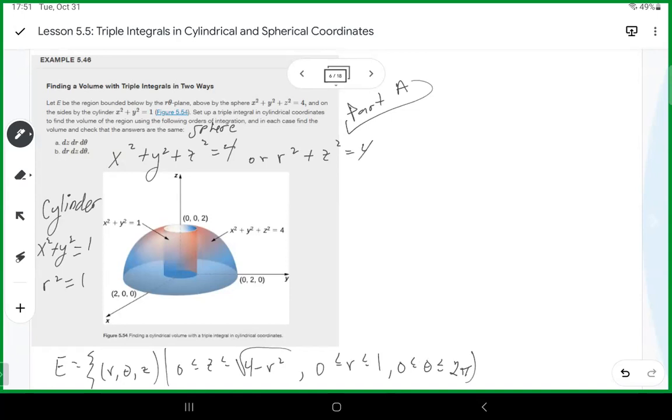Yeah. All right, so now we can do the volume. The volume of E is going to be 0 to 2 pi, 0 to 1, 0 to the square root of 4 minus r squared, r dz, dr, d theta.